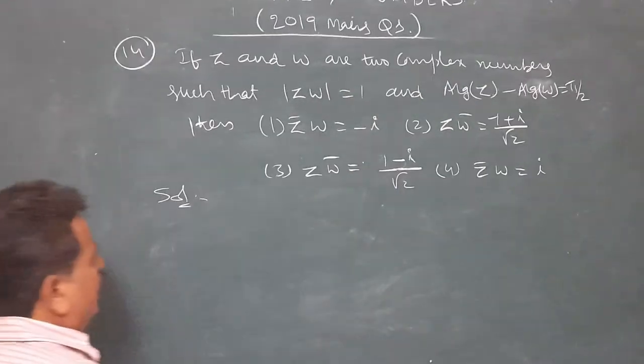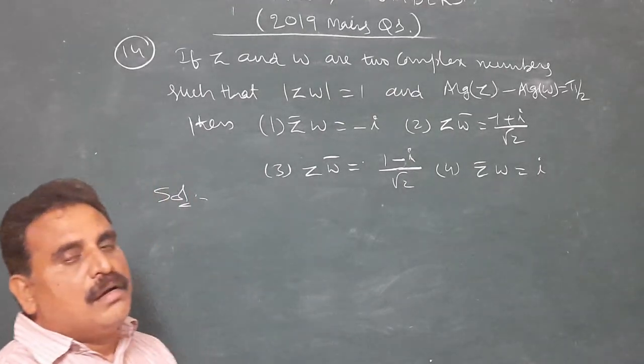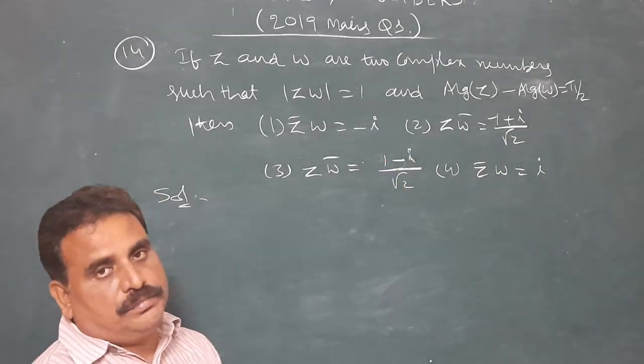We can easily identify the right answer by verifying arg z minus arg w equals pi by 2.